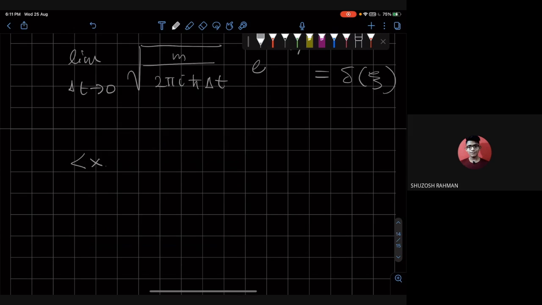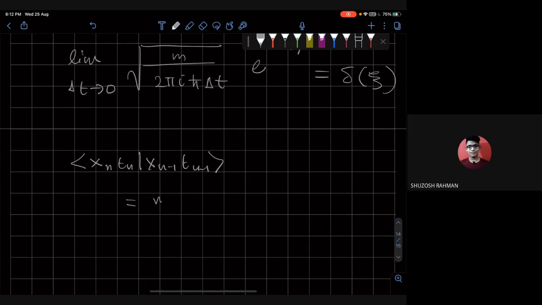By assumption. So the amplitude from x n minus 1, t n minus 1 to x n, t n for a particular path is going to be the limit where n goes to infinity, we are not taking n, we are just writing the result of our calculation.